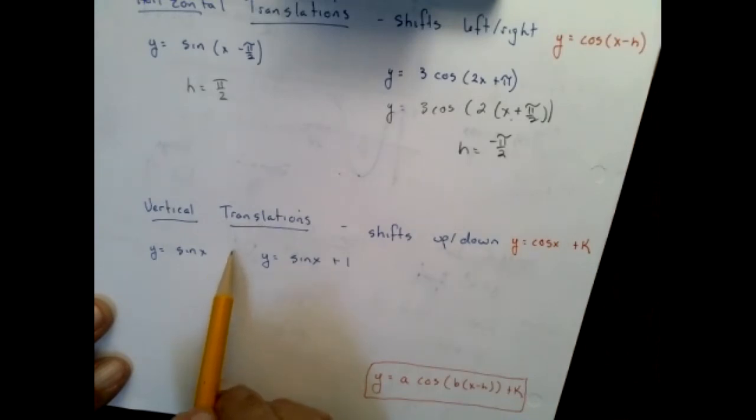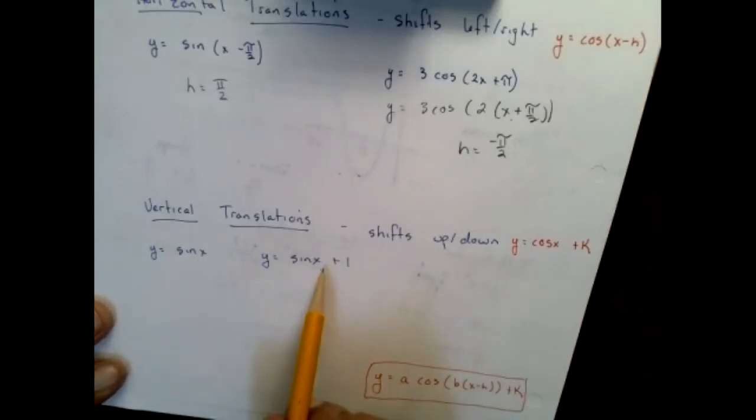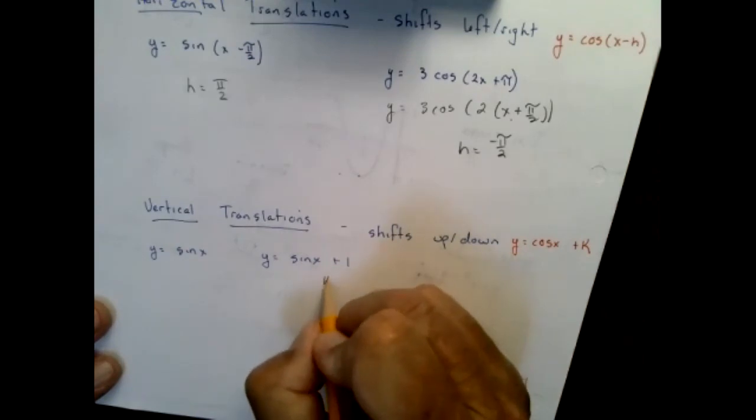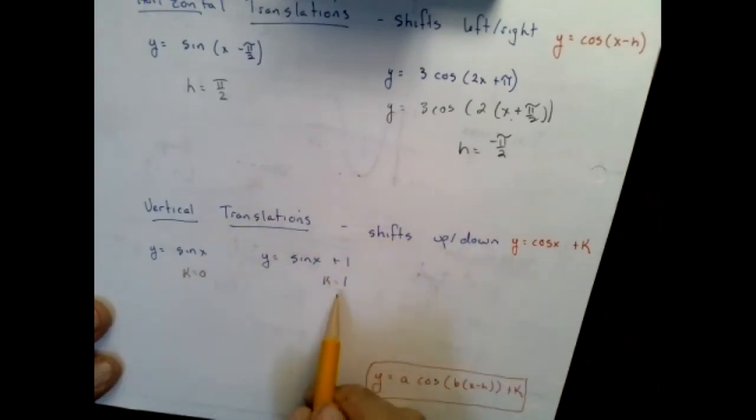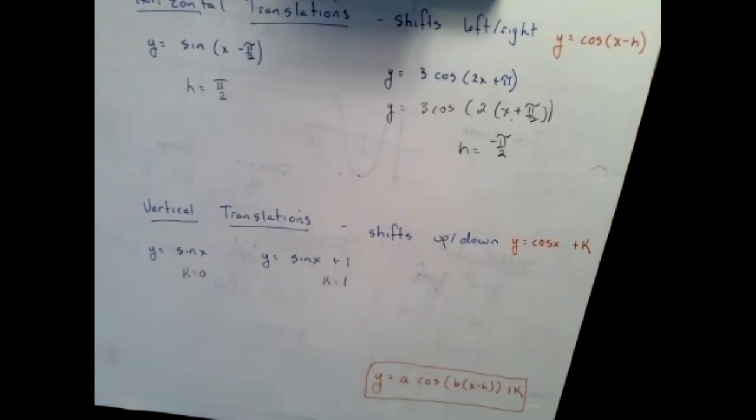That's plus 0. So this isn't getting shifted up or down at all. What about this guy? K equals 1. K is the very last thing I do in HBAK. I'm going to take my whole graph and shift everything up 1.